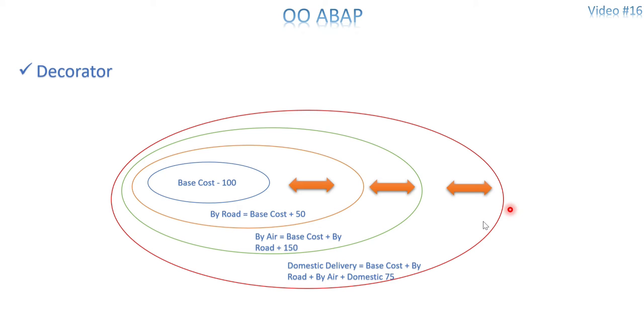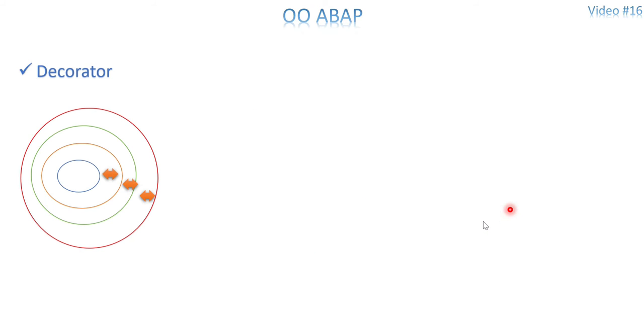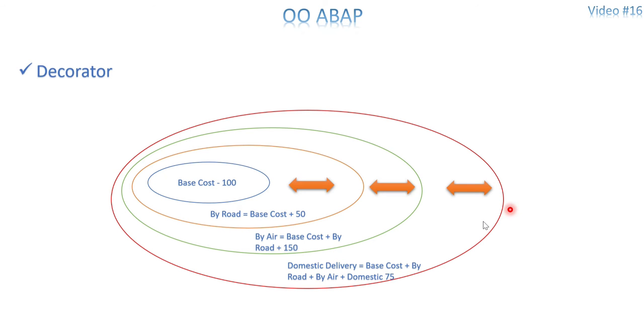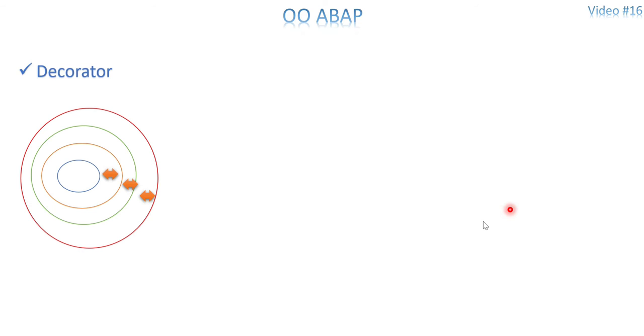The next slide. So these are the two methods. I believe you are able to follow till this level. Next, I'm going to explain a little technically. The base class has its own object and there are two methods, base cost and package detail. These are the two methods which are going to travel through your entire business, for this business scenario.